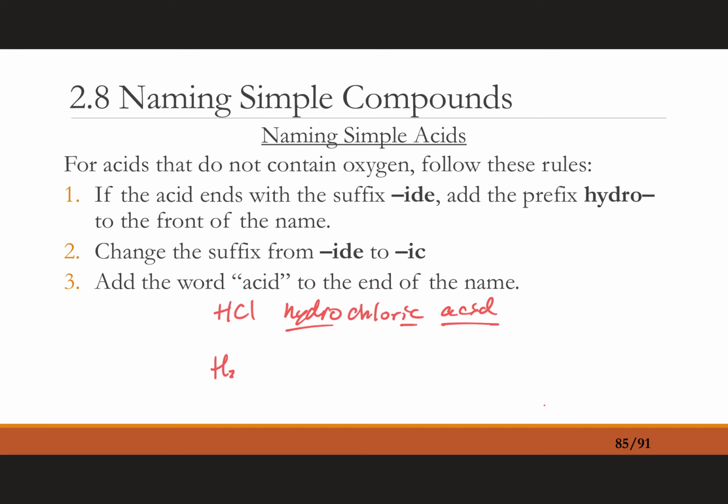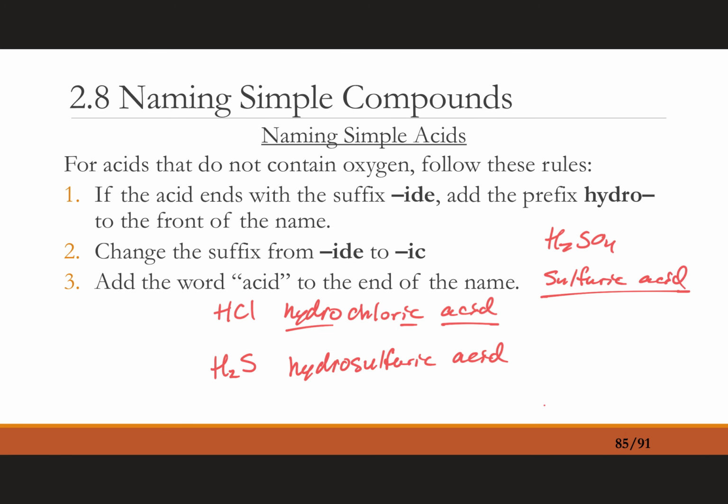If we have something like H2S, this would be hydrosulfuric acid. Just to remind you, H2SO4 is actually just sulfuric acid. So we have sulfuric acid and hydrosulfuric acid.